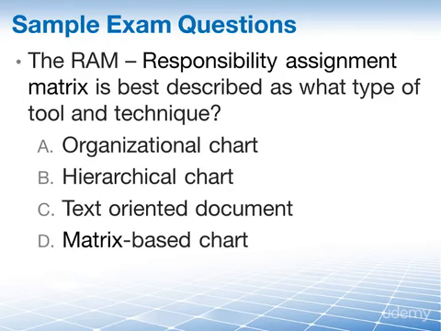I'll give you a second here to think about this. The answer is, of course, D. It is a matrix-based chart. If you think back to our RACI chart, it was a table, it was in a matrix form. Therefore, the RAM, with the RACI being one example of it, is a matrix-based chart.